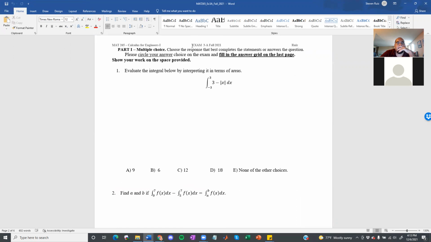This one is just doing the 3 minus absolute value of x, minus the 3 minus absolute value of negative 3. So we'd find the antiderivative first, right? We can't really do that with absolute value. Remember, if you read this, it says to interpret it in terms of area.